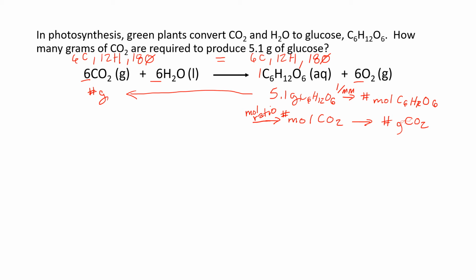I repeat, do not use the stoichiometric coefficients to calculate molar mass. You're only going to use the coefficients when you're going from moles of one substance to moles of the other substance. That's it. Okay? So once I'm in moles of carbon dioxide, then I will utilize the molar mass of carbon dioxide to get in grams of carbon dioxide.